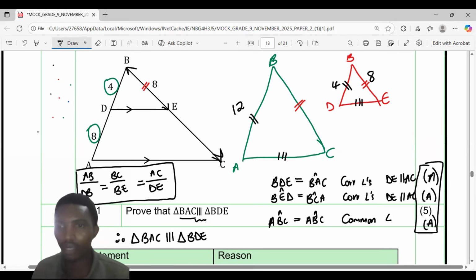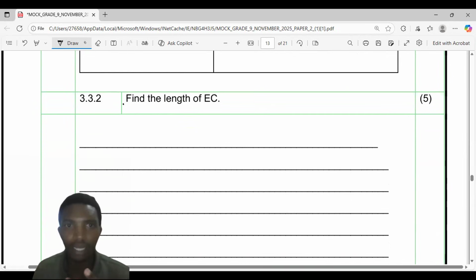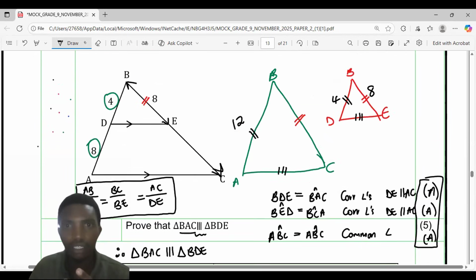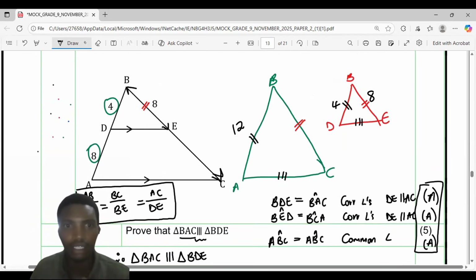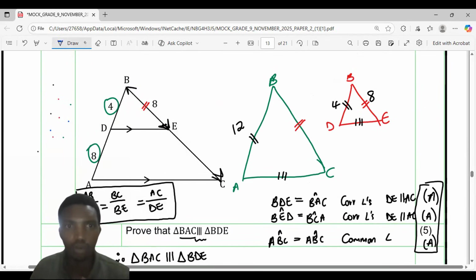So now on our next question, that is where we're going to apply that. They're saying we should find the length of EC. The length of EC is this length here, from down here. Let me use blue. From here to there, they're saying we should find that length, right?